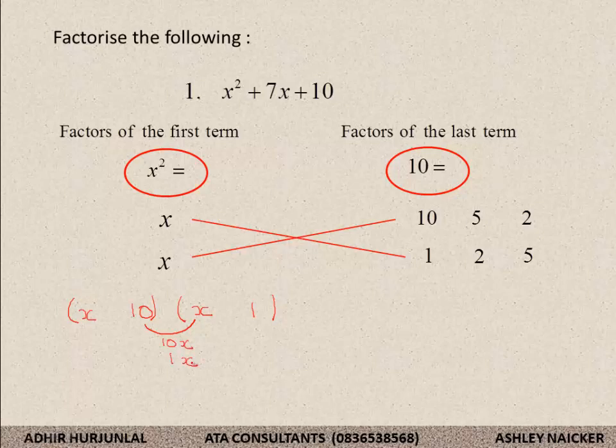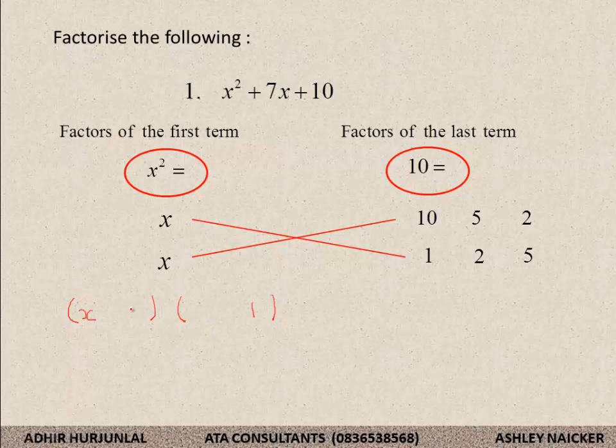Now the simple question I teach my learners is, using the numbers 10x and 1x, by either adding or subtracting, is it possible for me to get to 7x? And you would notice it is impossible. 10 plus 1 or 10 minus 1 does not give me 7x, which means that my factors are wrong.